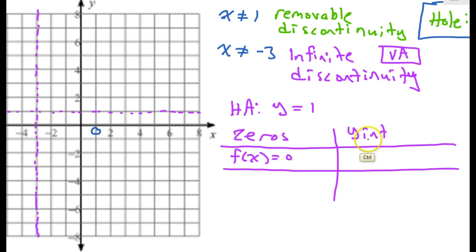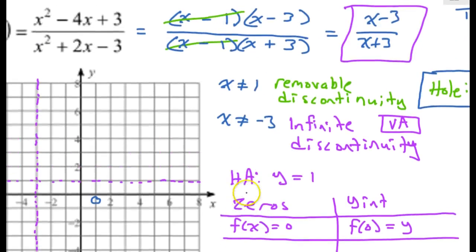When I want to find the y-intercept, I substitute 0 in for x, and then that gives me the y-intercept. Okay, so let's do that. And again, I might as well use the simpler version of the function. I already know there's a hole, so I can go ahead and remove that discontinuity.